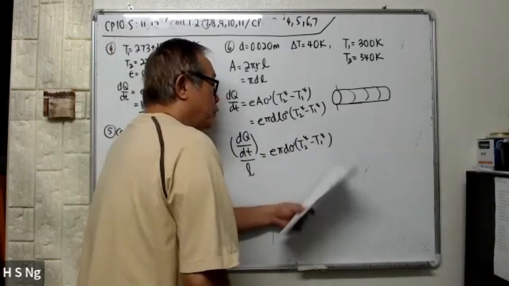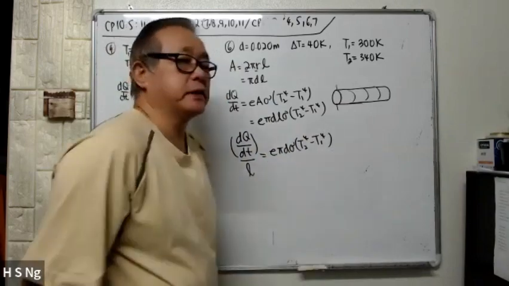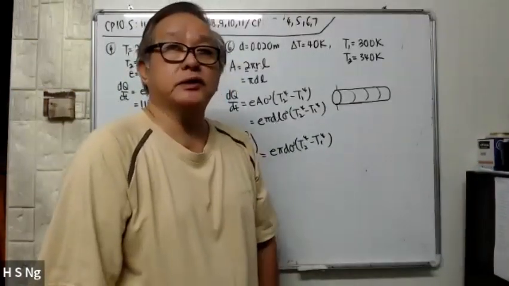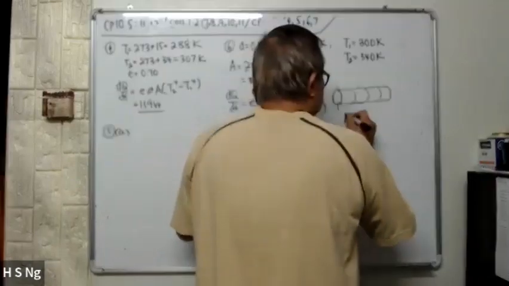Now you don't know E. So the first assumption you make is that the copper pipe acts as a black body.